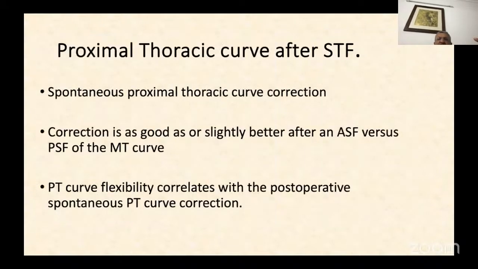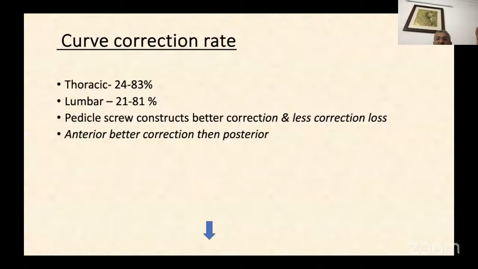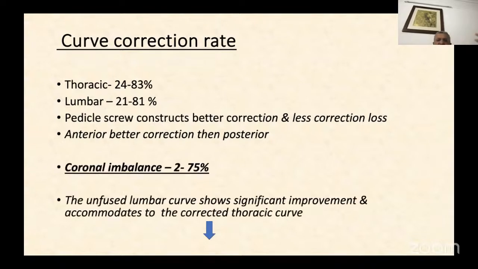literature. The correction is not only in the distal curve, but the proximal thoracic curve also undergoes correction in a curve that is relatively very flexible, as you can see in this particular example. As I can show you, the thoracic curve correction in the literature varies because the method of correction that people have used is different, both in the lumbar and thoracic curve.